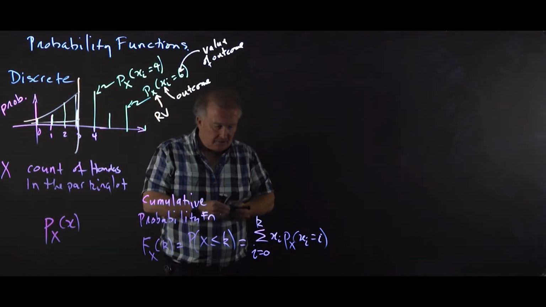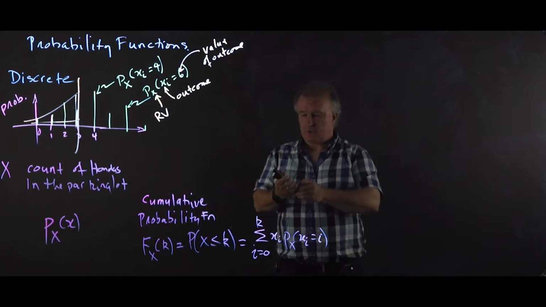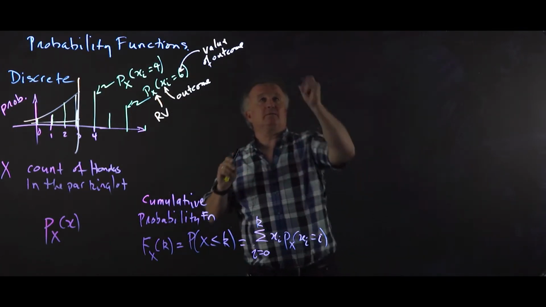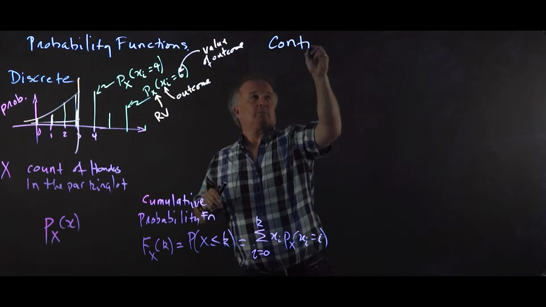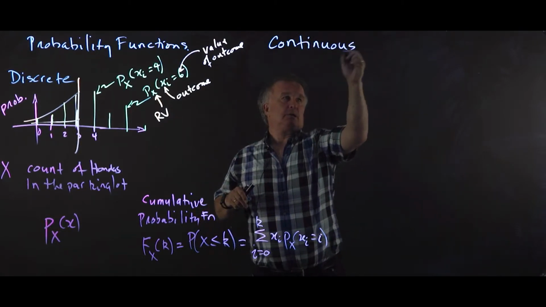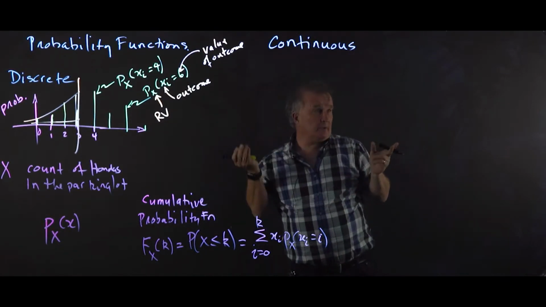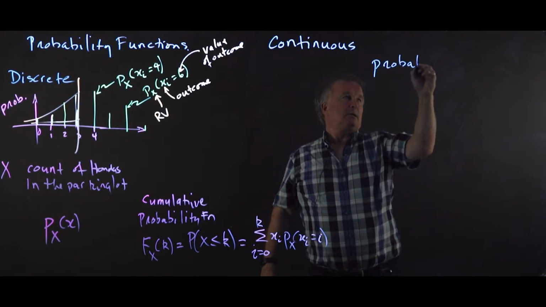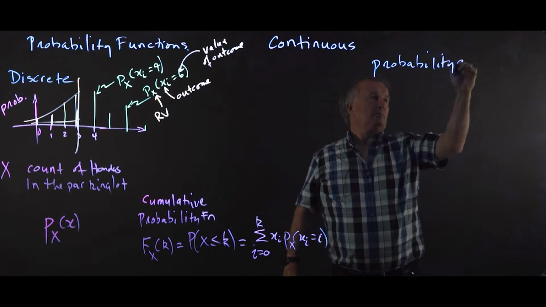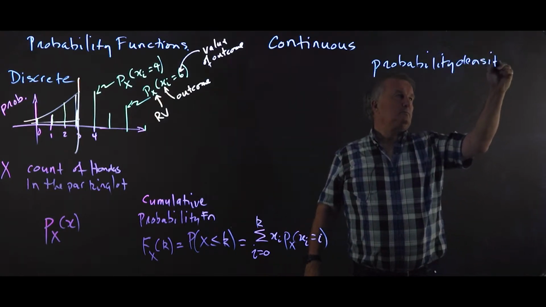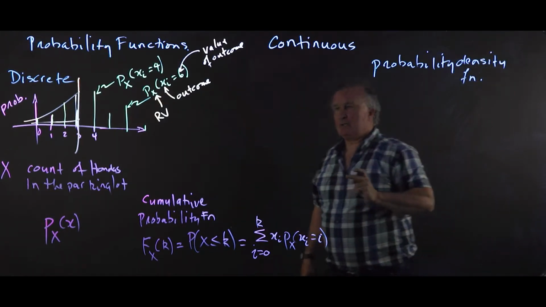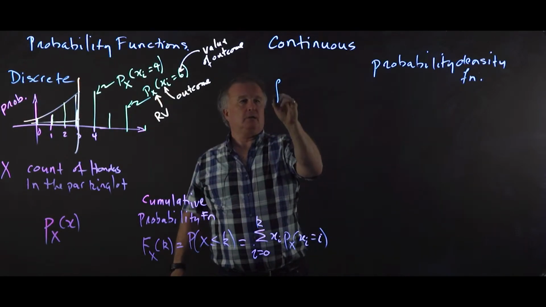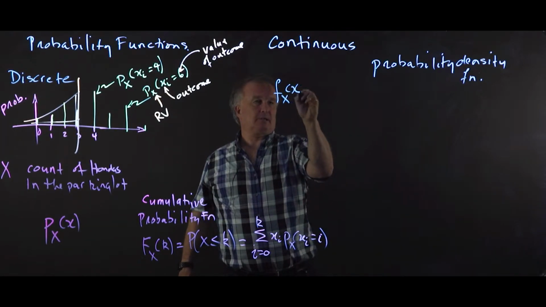Let's go back now to the continuous variable case. So if we're talking about continuous random variables, remember that we talked about the continuous probability density function. So we have a probability density function. And we're going to call it f_X of x like this.